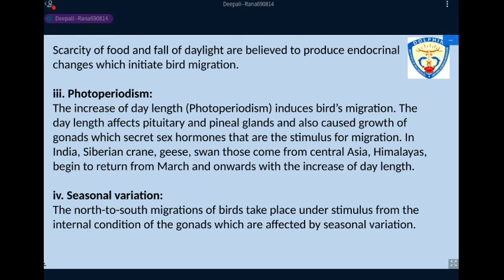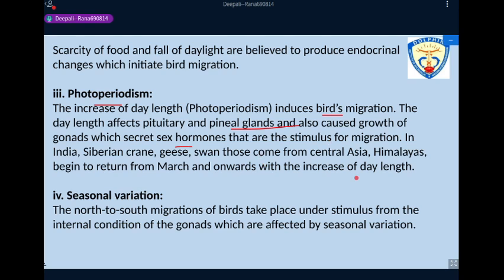Okay. Then the third reason is what? Photoperiodism. Okay. So this term basically means that the increase of day length is going to induce bird migration. The day length affects the pituitary gland and the pineal gland, and these cause growth of gonads, which secrete the sex hormones that act as what?